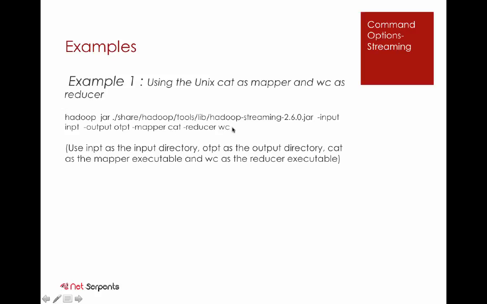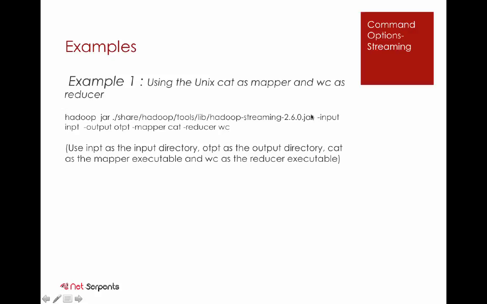And word count sums up the number of words, the number of characters, or the number of lines that exist in a file. These are very interesting commands that we can use in streaming without any changes. For the mapper, we'll use cat. For the reducer, we'll use word count, and I'll show you how to do that in a little while.